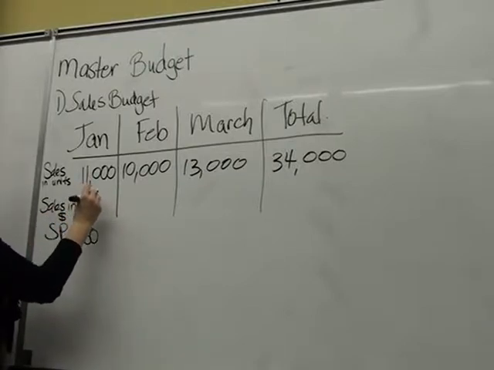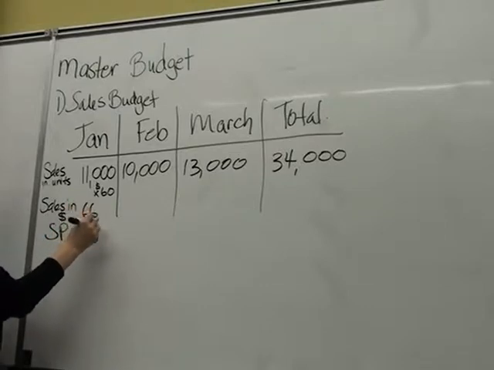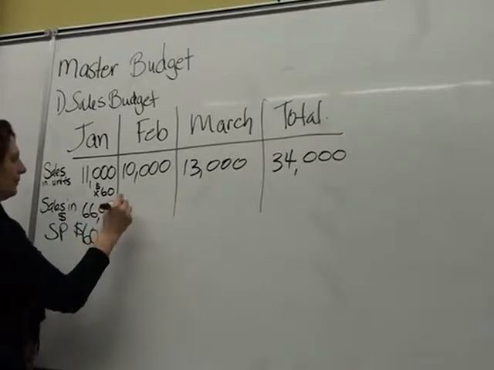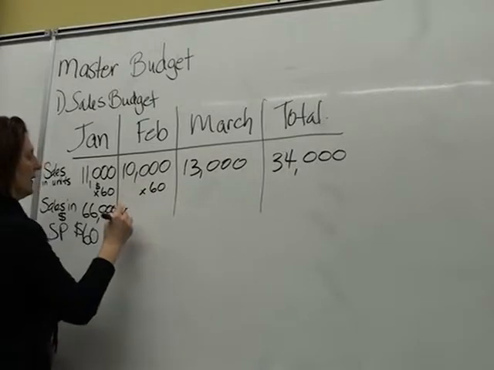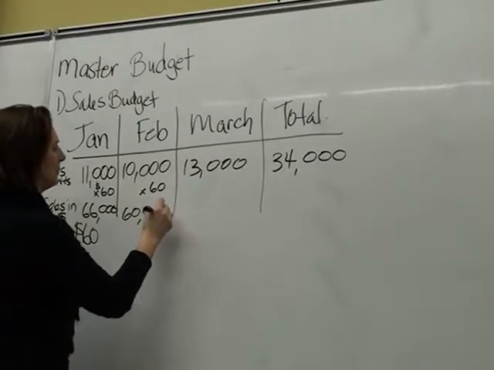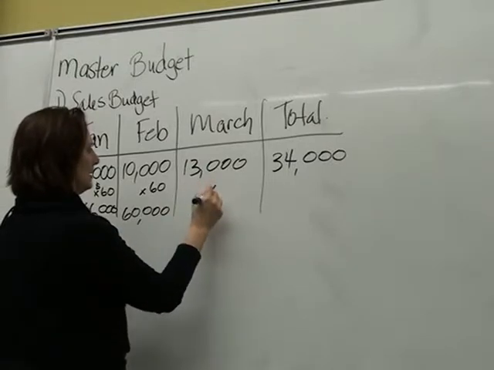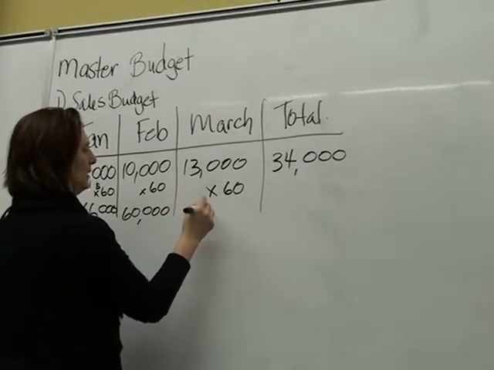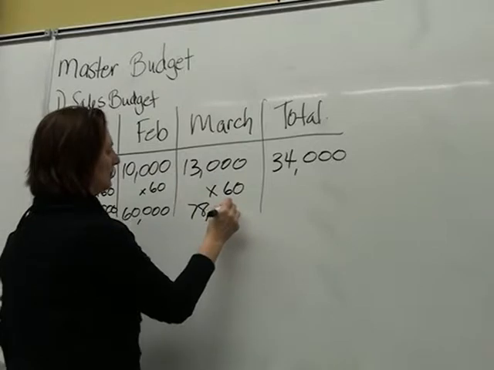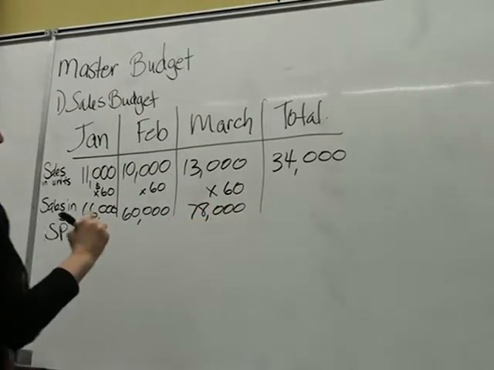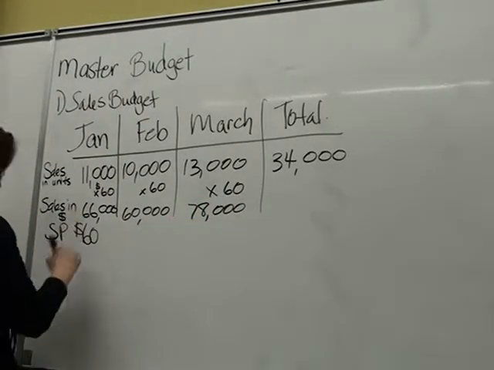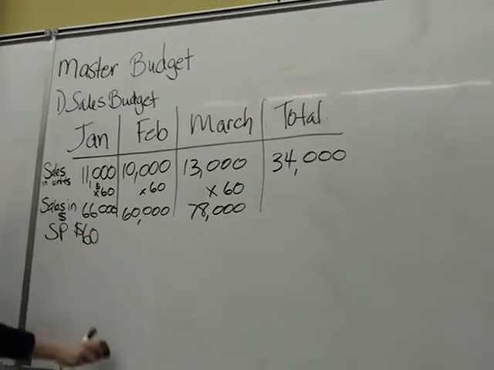So that is 660,000. And this is 600,000. And this is 780,000, right? An extra zero on that. Oh, thank you. I'm really bad with zeros.